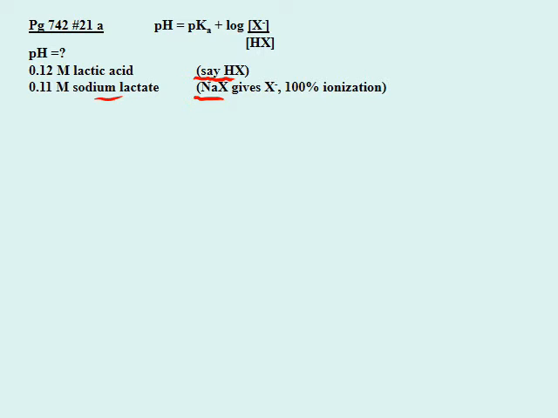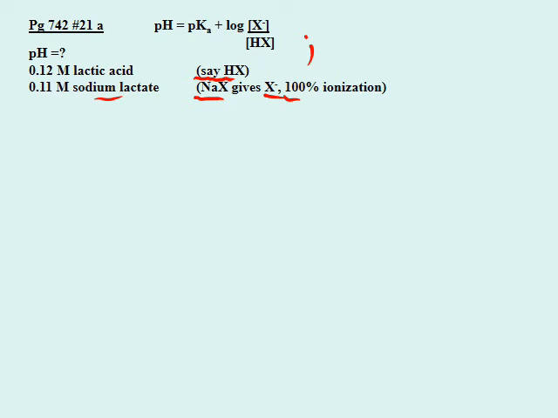Now sodium, any kind of compound where sodium is bonded, sodium gets separated. So basically lactate ion, or X minus, is going to be in the solution. So you'd have lactic acid HX as well as X minus in the solution. In other words, this is going to be a buffer solution, and we need to do a calculation to get the pH.